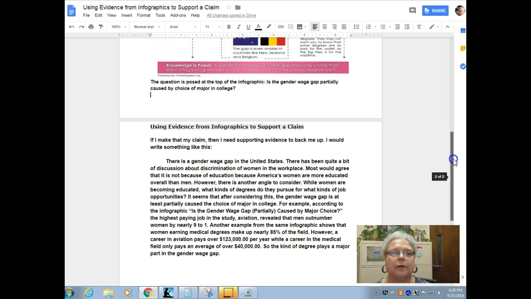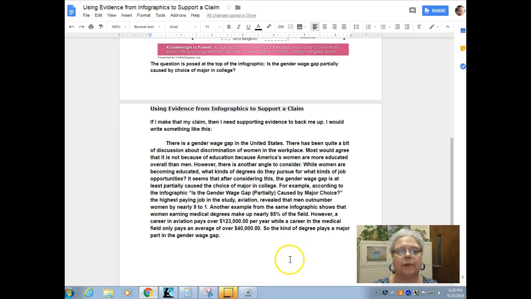So this is just a sample paragraph that I wrote. This would be similar to what you would write for the writing prompt using the infographics for the midterm assessment. So there is a gender wage gap in the United States. There has been quite a bit of discussion about discrimination of women in the workplace.